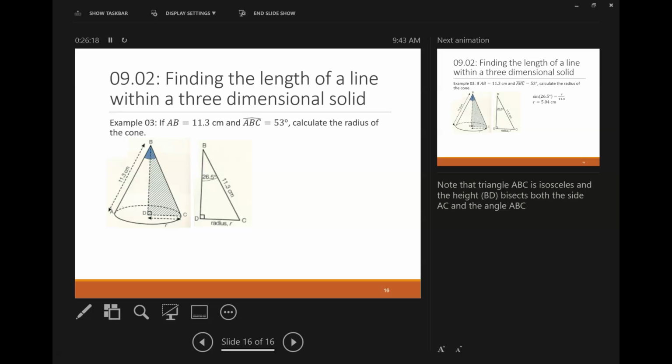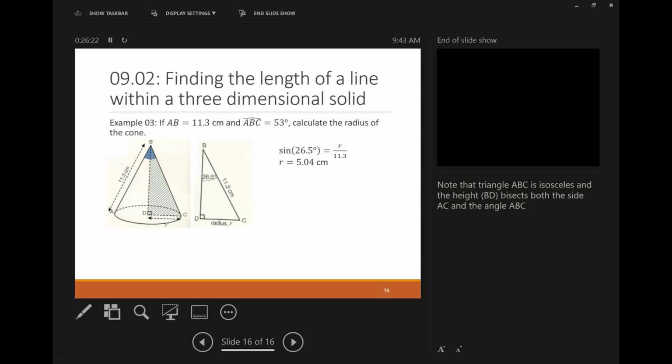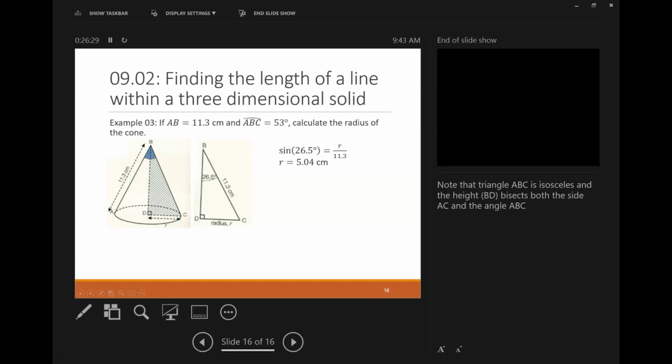Yeah, we're going to use sine. We have a right triangle. I can just say sine of 26.5 is opposite over hypotenuse. So when I multiply both sides by 11.3, I get R is 5.04. What do you guys think?